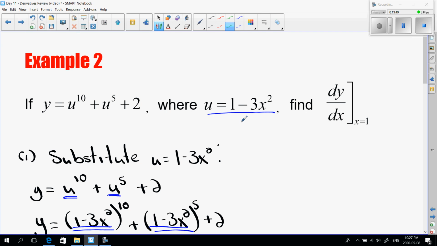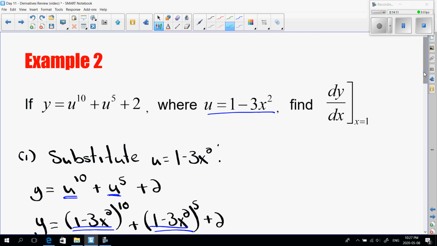I substituted 1 minus 3x squared in for u. I changed the original equation, y equals u to the 10th plus u to the 5th plus 2, into y equals (1 minus 3x squared) to the 10th plus (1 minus 3x squared) to the 5th plus 2. So I replaced the u's with 1 minus 3x squared.